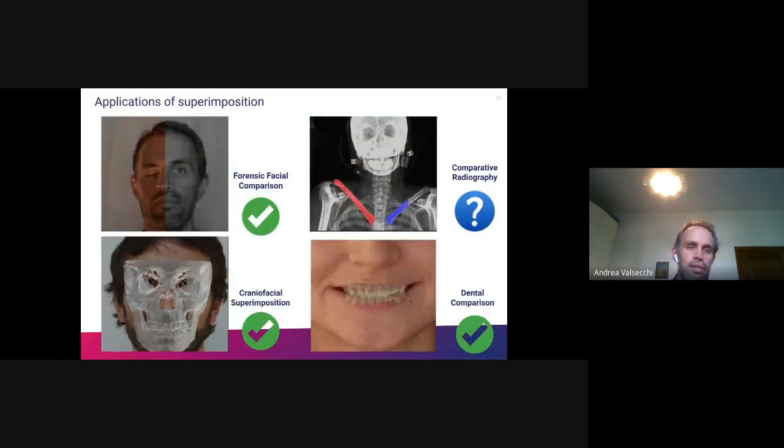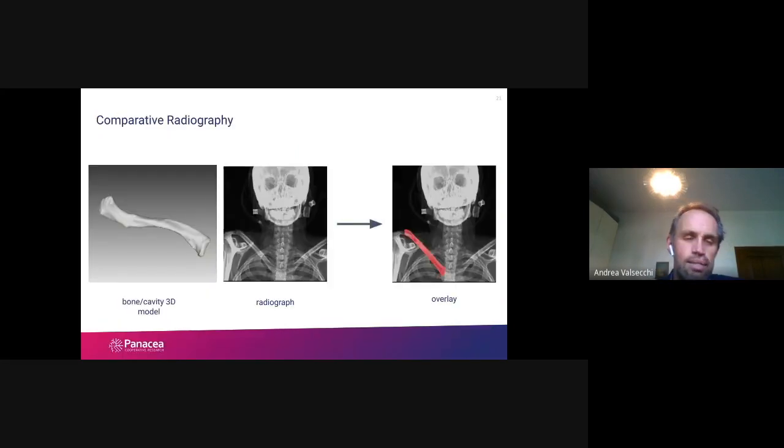Okay, so we added one more technique, and now we're going to talk about comparative radiography. Again, basic ingredients. We have a 3D model of, it can either be a bone or a cavity. I'm mentioning cavities because, for instance, there are frontal sinuses that are part of the skull.